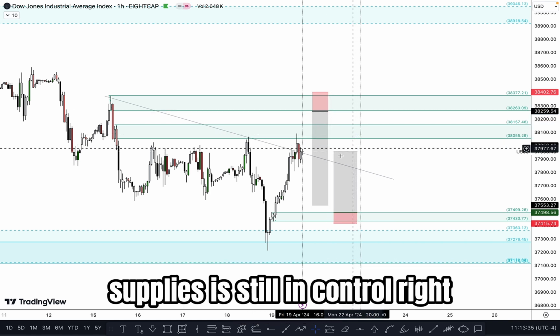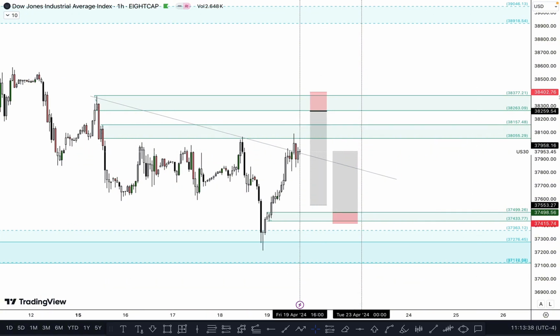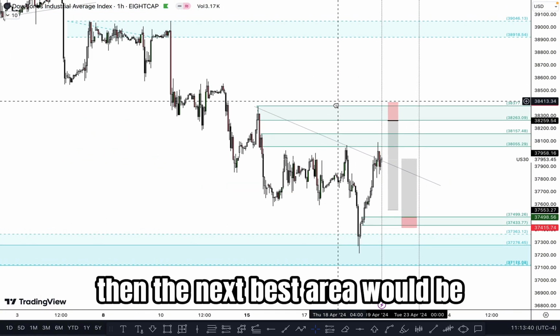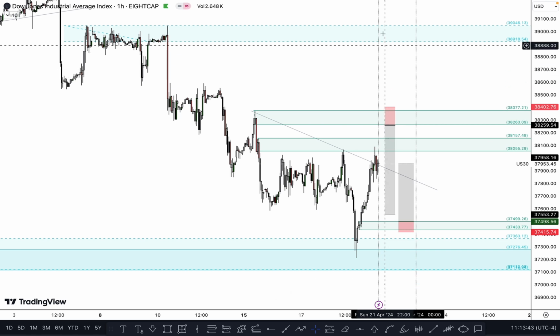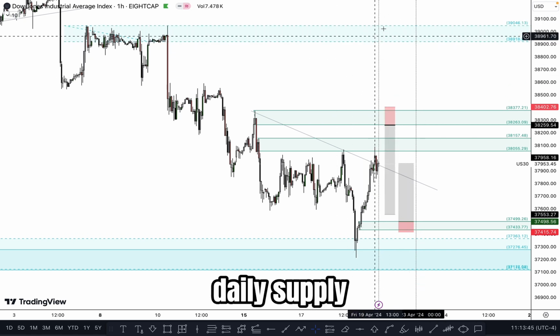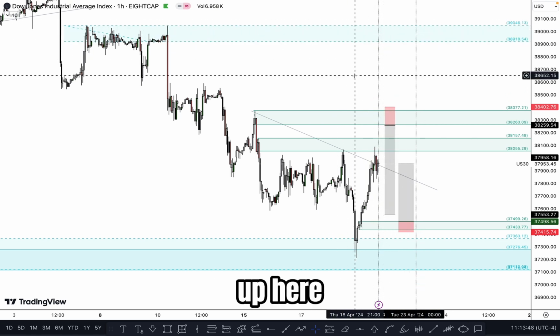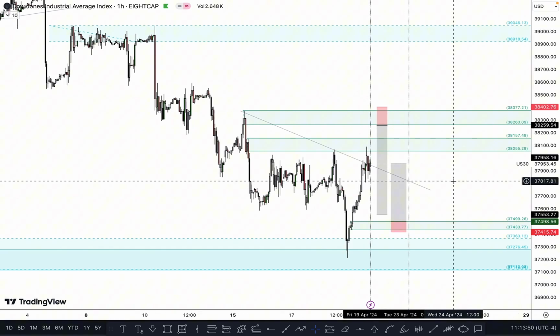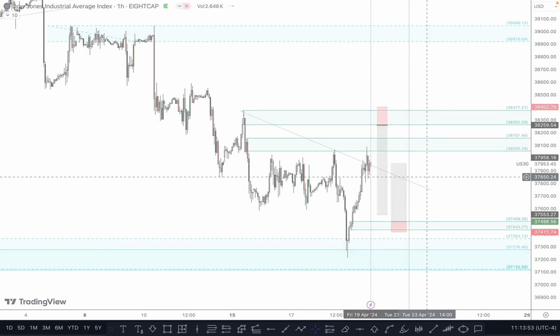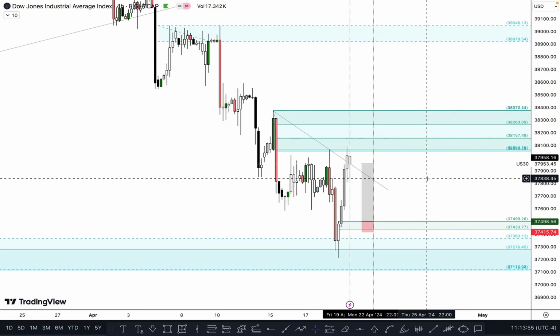Supply is still in control, right? And if this short doesn't work out, then the next best area would be daily supply up here. This is the 4-hour.